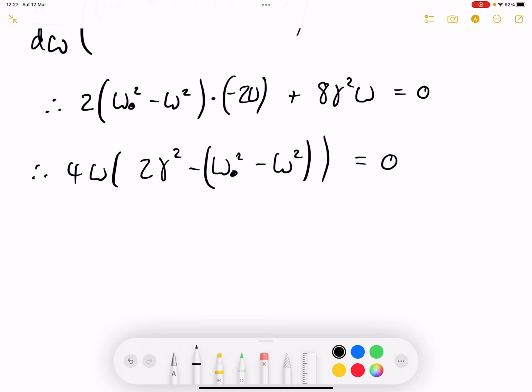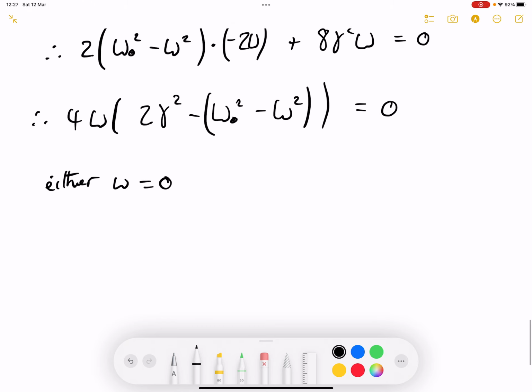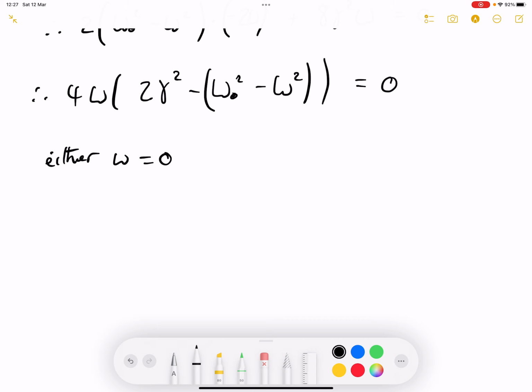Yes, I have. So, either omega equals 0, which is not the case at resonance, because if omega was 0, it wouldn't be moving. Or 2 gamma squared minus omega naught squared plus omega squared would equal 0. Now let's do some rearranging.